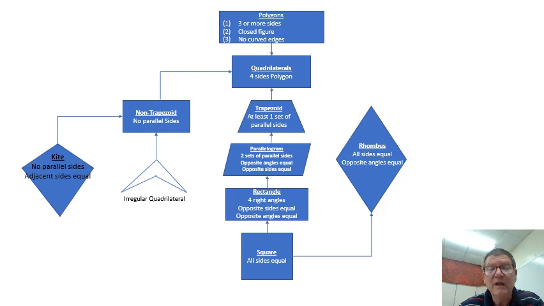If you look at the rhombus, it has two sets of parallel sides, so it is a parallelogram. It's not a rectangle because it doesn't fit the category of rectangle, but it does fit a parallelogram.